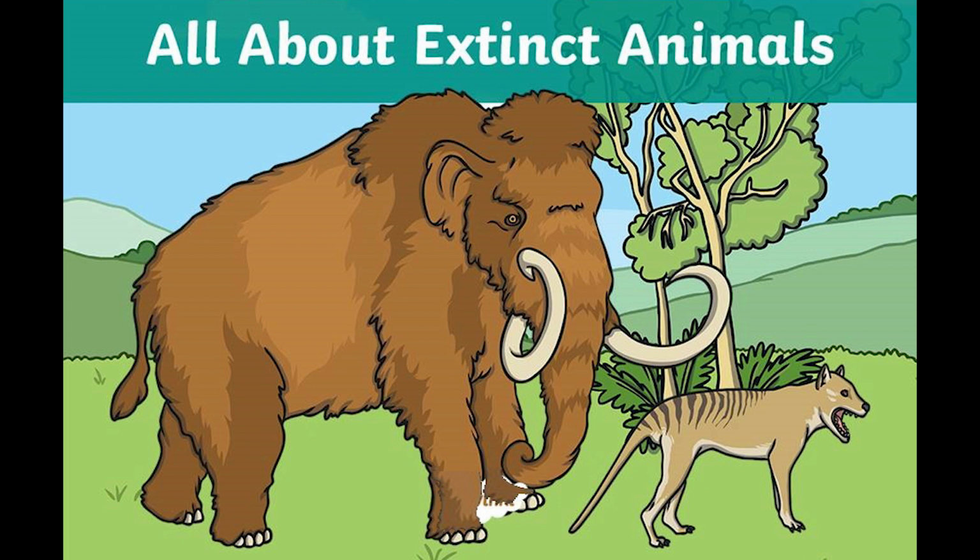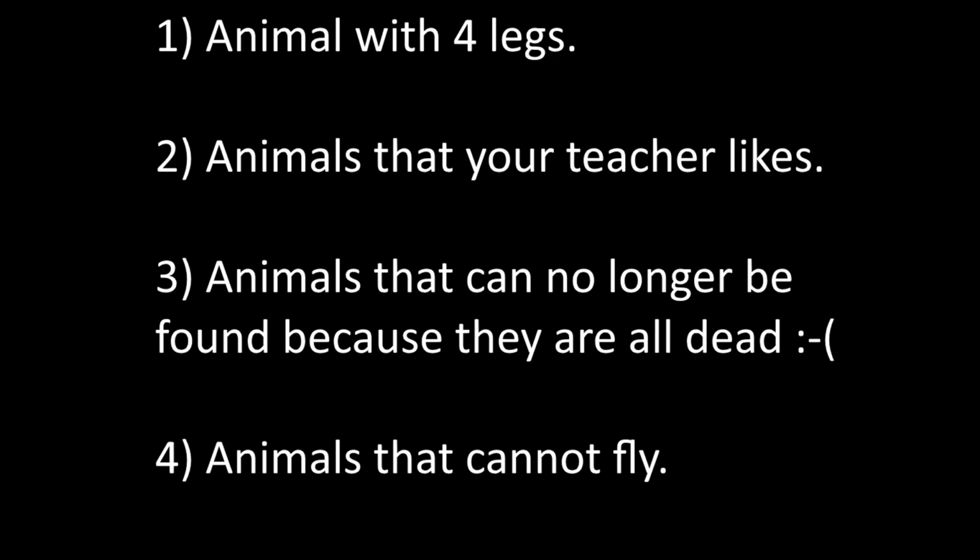What does extinct mean? Before I give you the answer, think about everything I just said. Now I will show you 4 options. Choose the one that you think is correct. Here are your choices. Extinct animals are: number 1, animals with 4 legs.